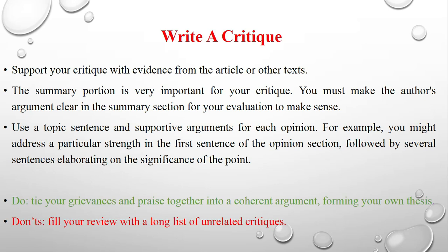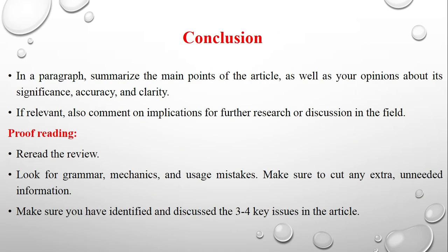In conclusion, you may write a paragraph summarizing the main points of the article, as well as opinions about its significance, accuracy, and clarity. If it is relevant, also comment on implications for further research or discussion in the field. And please reread the review paper again and again and try to find the mistakes in it.